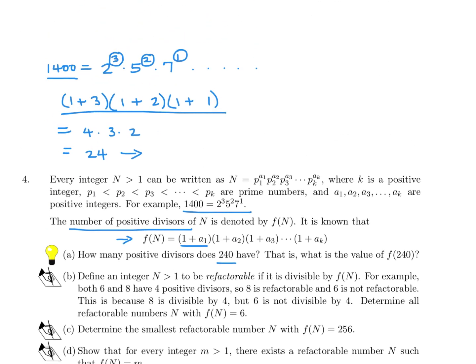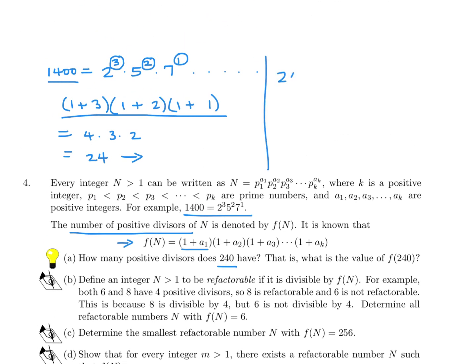Okay, not a problem. So 240, the first step is to break it up into its prime factors. And I believe you just do this within your calculator. You say divide by 2, and then divide by 2, and so on, because you may not even know. So it's that. And then, of course, if you write it grouped together, it's 2 to the power of 4 times 3 to the power of 1 times 5 to the power of 1, right?